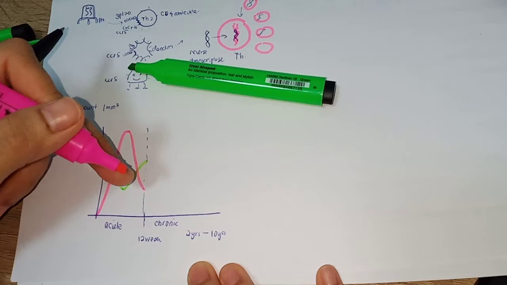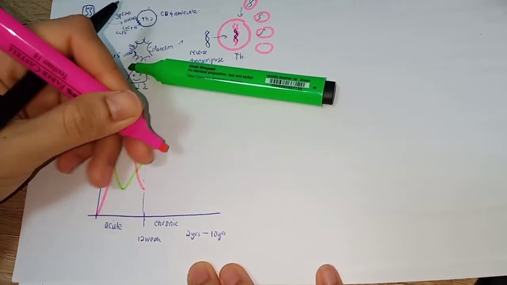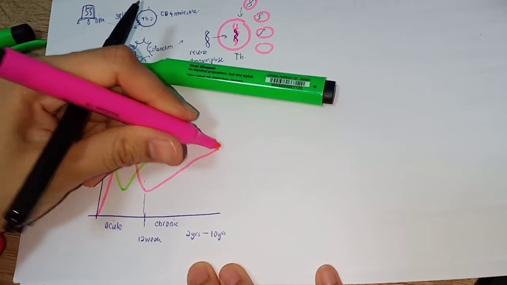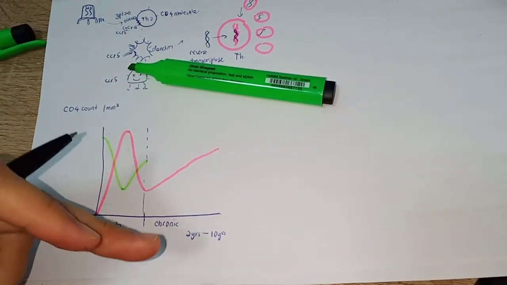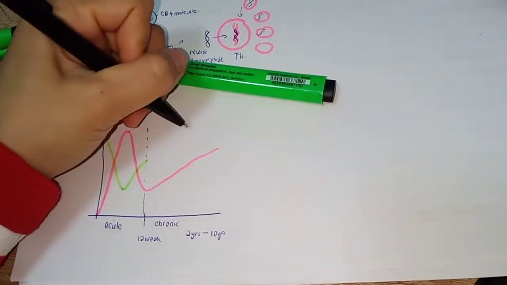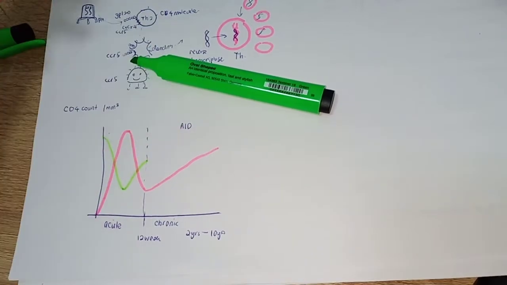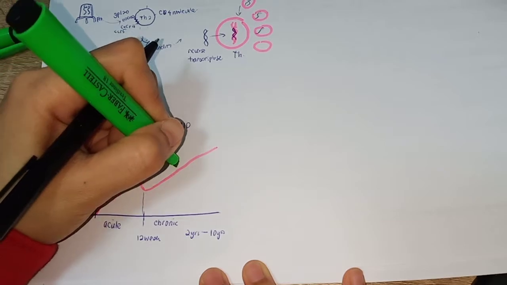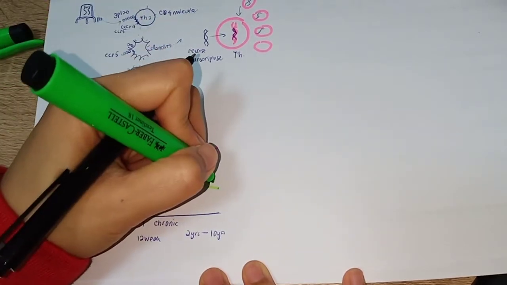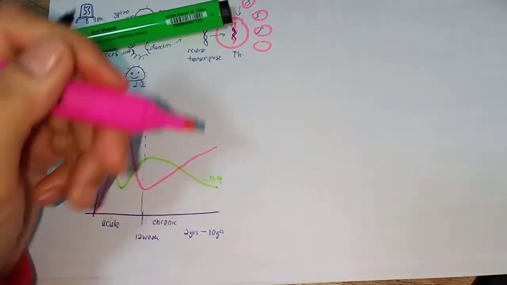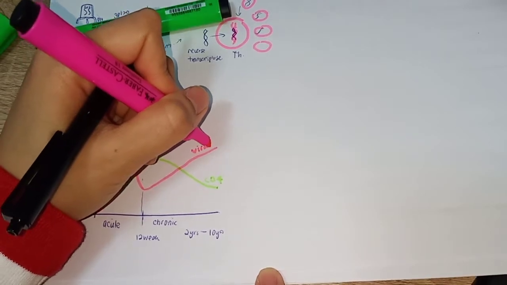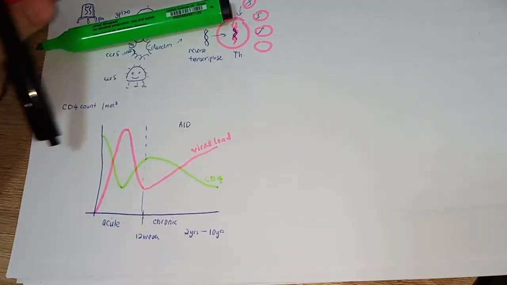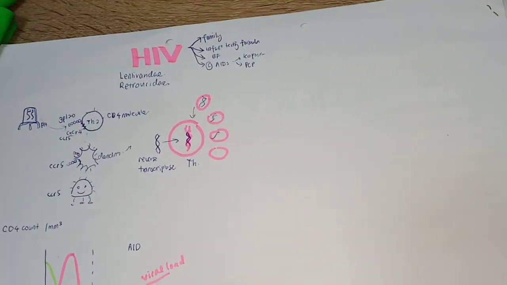Once the patient gets into the chronic phase, the virus slowly increases, the patient starts to develop complications of AIDS, and the CD4 count slowly reduces. This is the CD4, and this is the viral load. That is what usually happens.